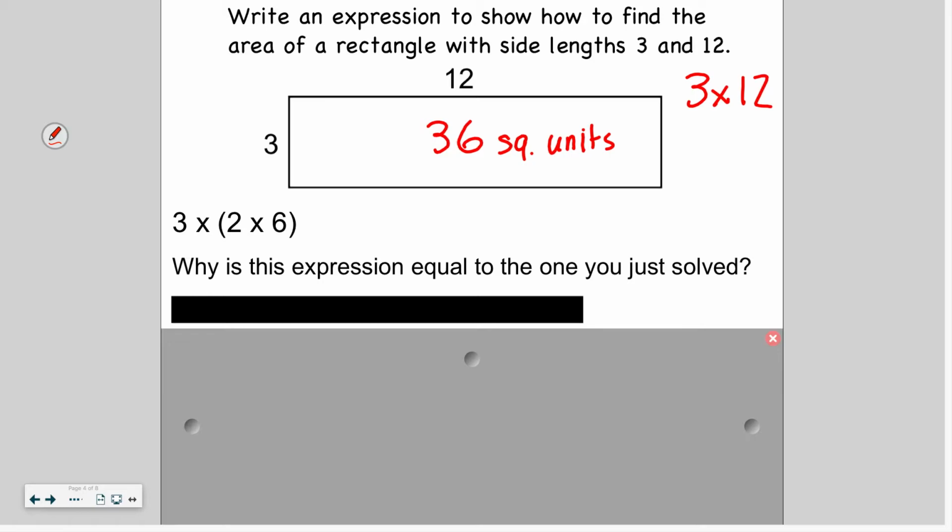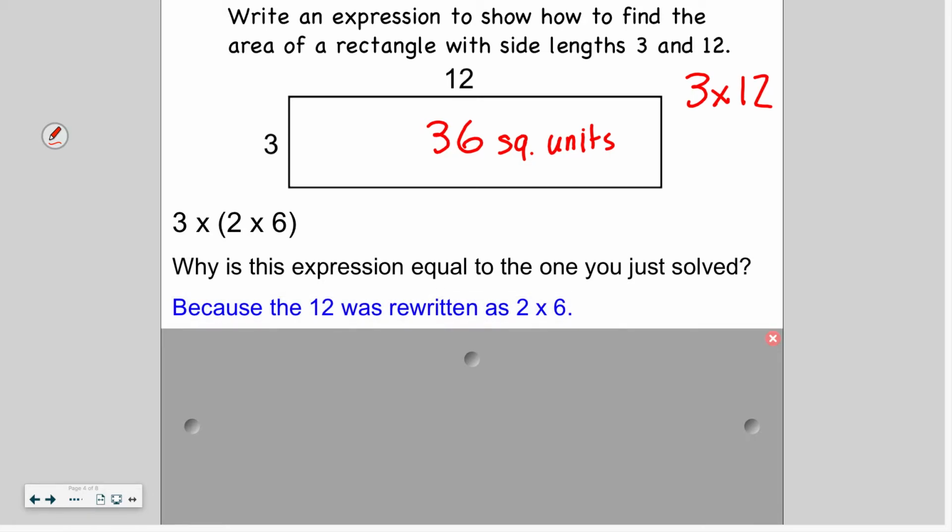Now, why is 3 times 12 equal to 3 times 2 times 6? Well, that's because the 12 was rewritten as 2 times 6. Instead of having 3 times 12, I now have 3 times 2 times 6. And this is because of the associative property, because these groupings will still give me 36 regardless of what order I write them in.